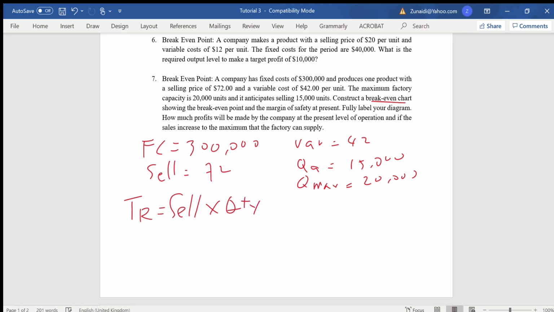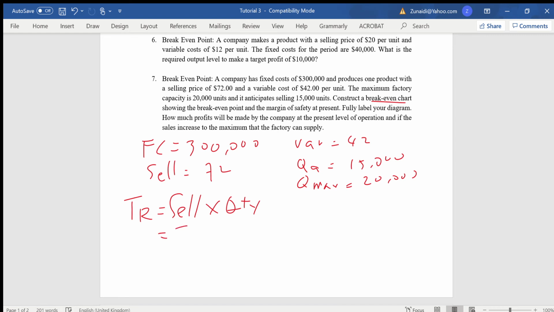The anticipated quantity here is 50,000, but to construct the chart, we need two different equations. So we leave the quantity as a variable.